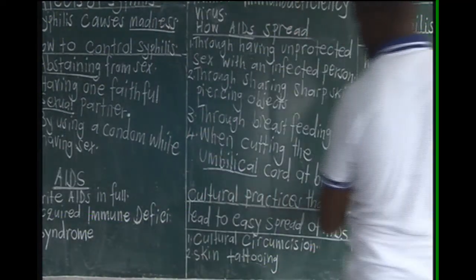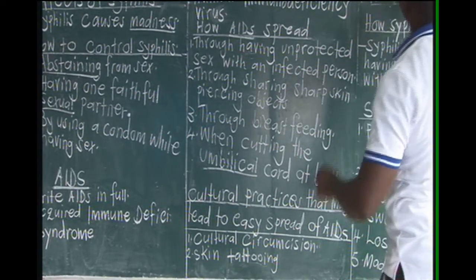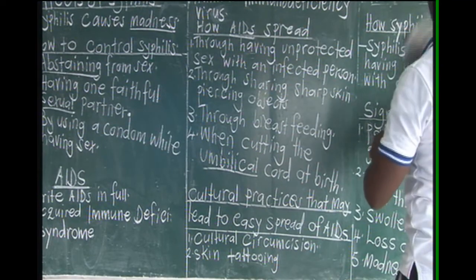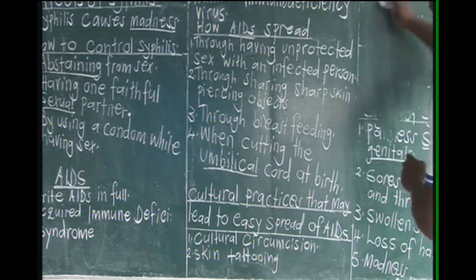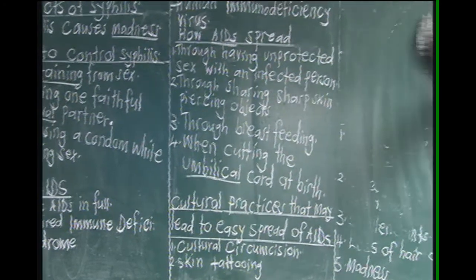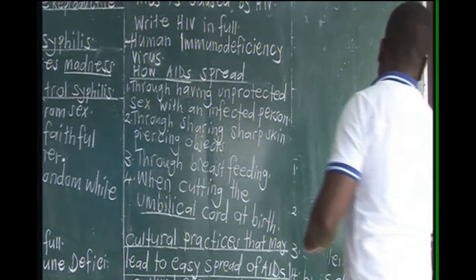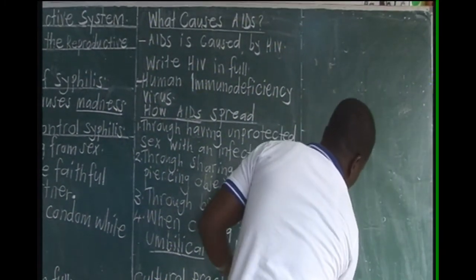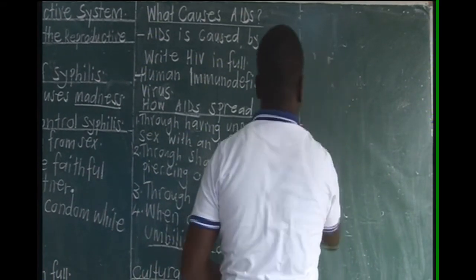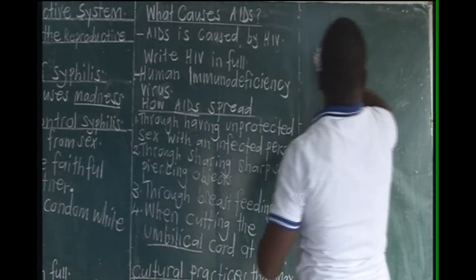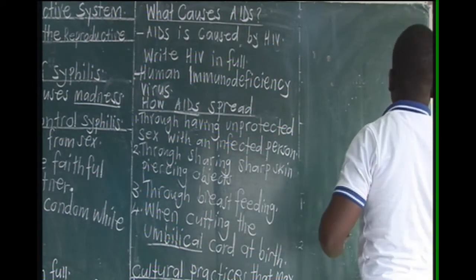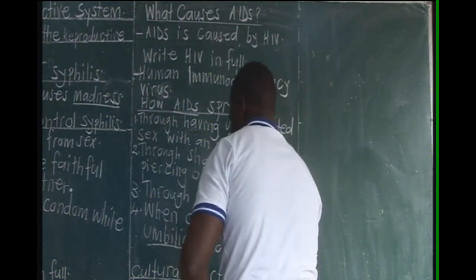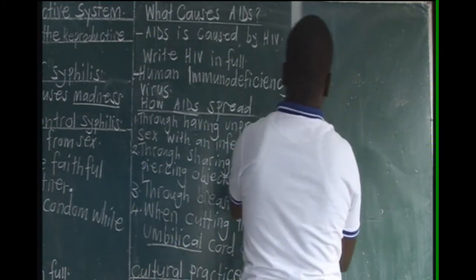Then we have wife inheritance. Number 3. Wife inheritance. It's also a cultural practice. Somebody dies somewhere and the people inherit those wives without knowing what killed their husband. They end up getting infected with HIV.